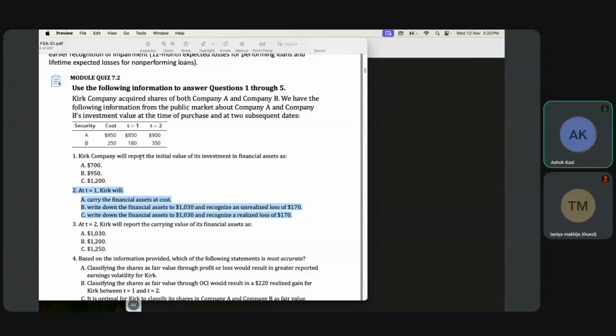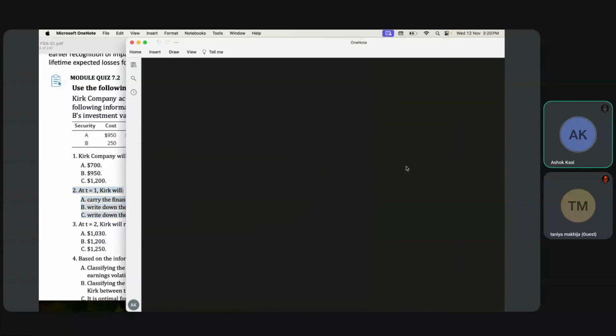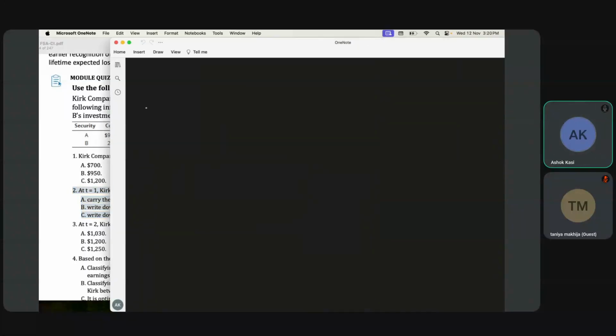So, initial investments: acquired shares of company A and B. Overall, we have to calculate both. So, initially, the balance sheet at time 0.